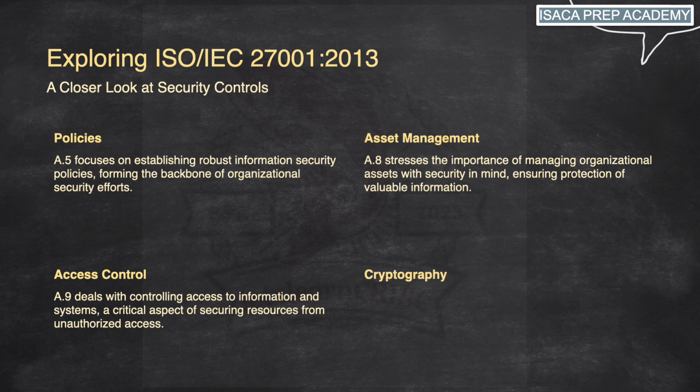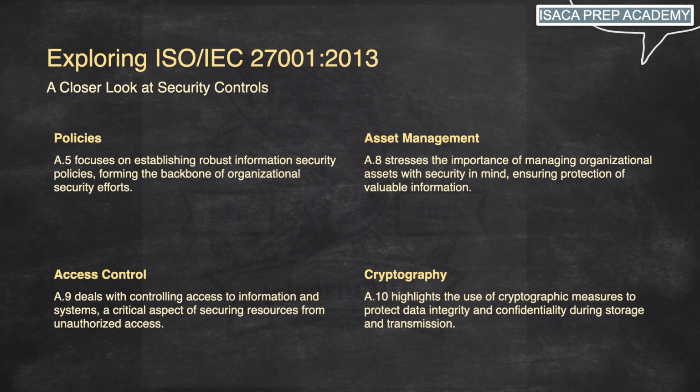Next, about the cryptography. Friends, section 8.10 of the ISO/IEC 27001 standard emphasizes the importance of employing cryptographic measures to safeguard the integrity and confidentiality of data both at rest and in transit.